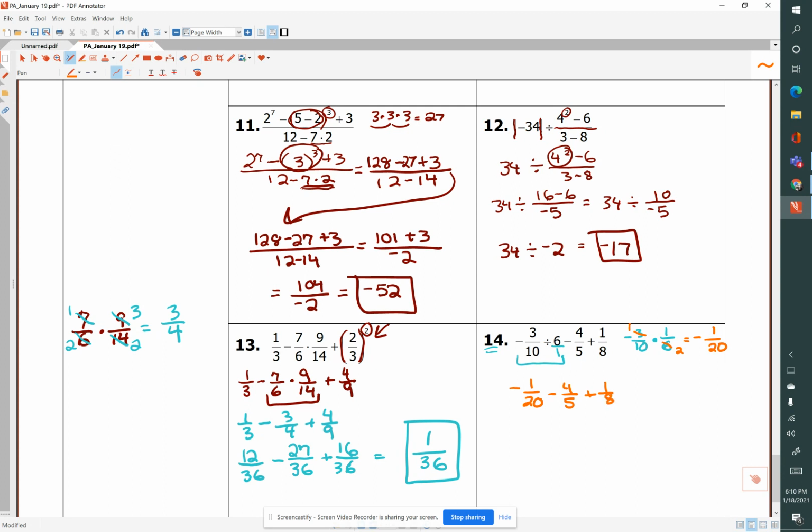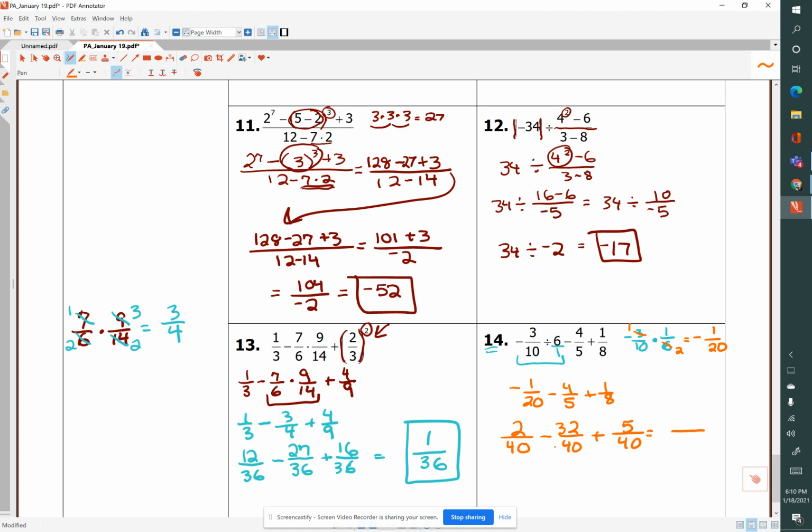Now we need a common denominator. So I think the common denominator is going to have to be 40. All right, 20 times 2 is 40. 1 times 2 is 2. 5 times 8 is 40. 8 times 4 is 32. 8 times 5 is 40. 5 times 1 is 5.